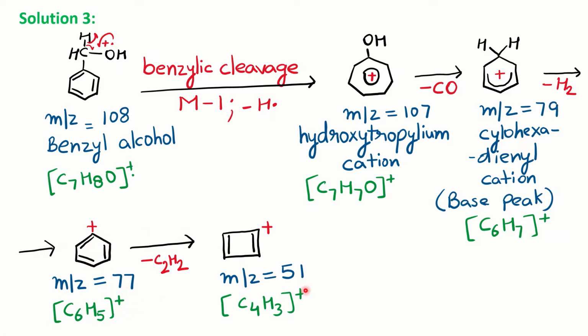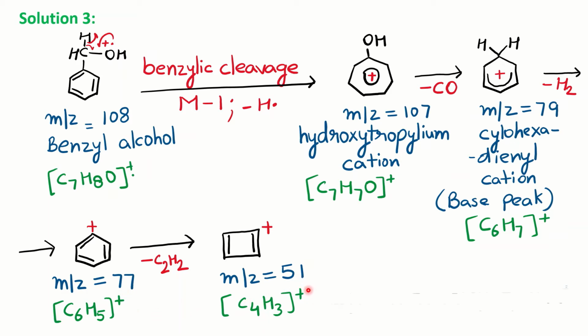If you subtract 51 from 77, it is 26, not 28. So loss of 26 is possible with the loss of neutral C2H2. In that way we are forming C4H3 plus, m/z 51. So in that way we have proved the structures of 107, 79, 77 and 51.